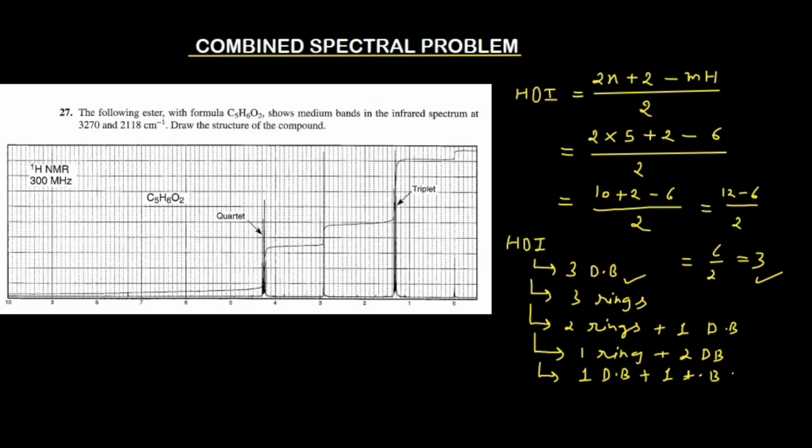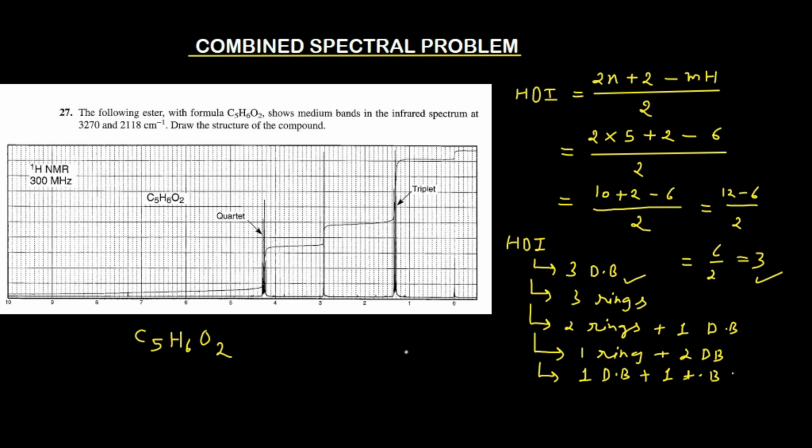But you can see here the molecular formula given is C5H6O2. Okay, so only 5 carbons are there, which means there is no possibility of forming ring compounds, right? You cannot guess that the molecule may have benzene, because benzene has 6 carbons and a degree of unsaturation of 4. It is not possible.